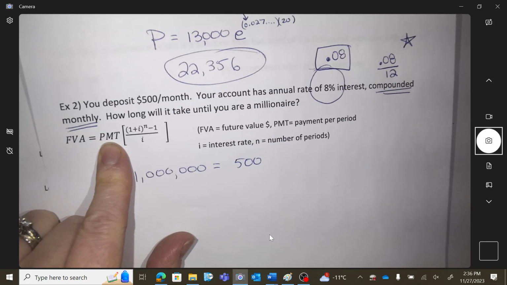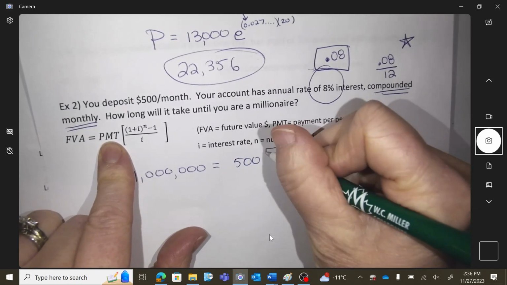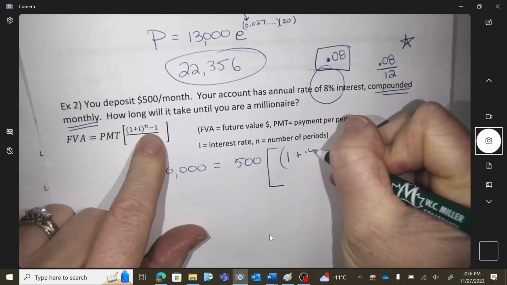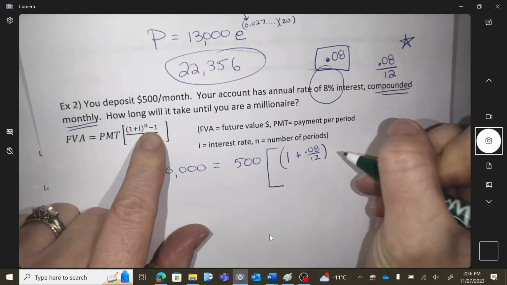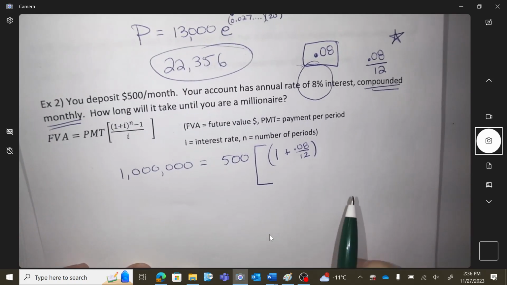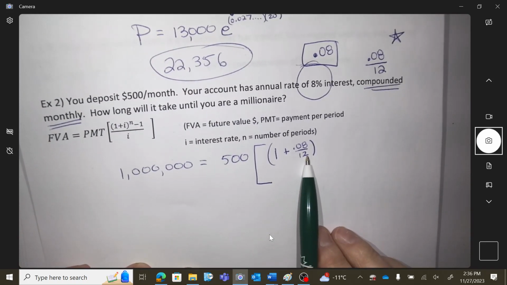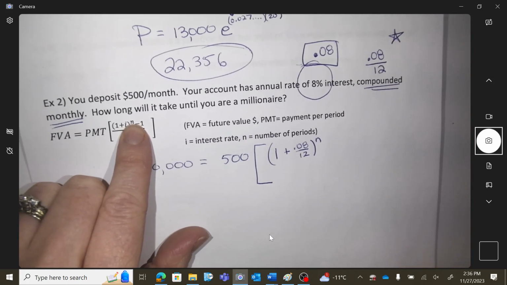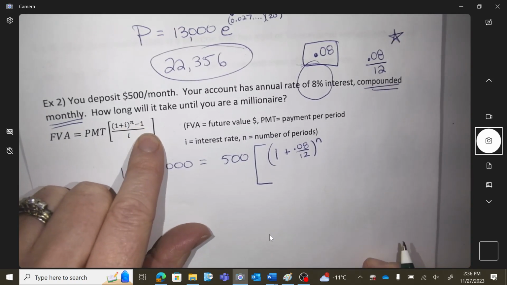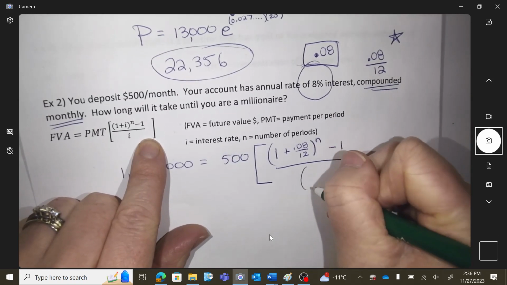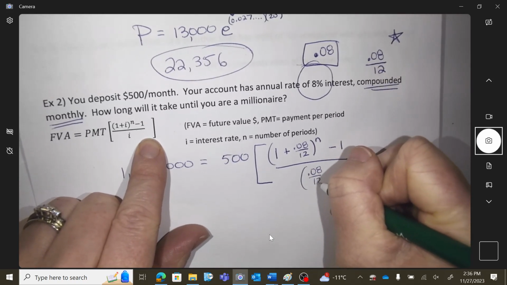So you go there, you put $500 in every month. 1 plus, we already talked about the I. So do you see how I did the interest rate as a decimal but compounded? To the n, that's me trying to figure out how long. Minus 1 over the I.